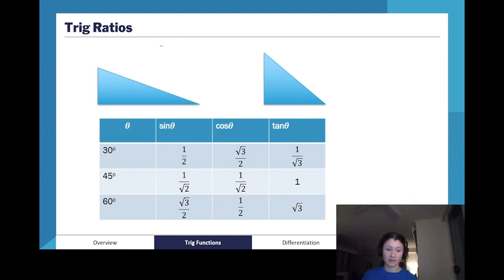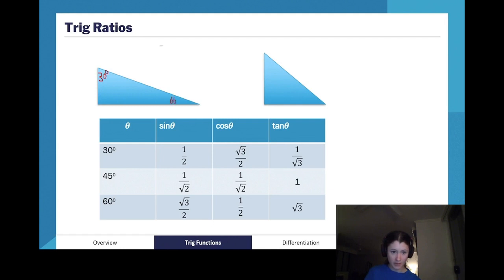So, as you can see, we have our table of values here, but when you're using your special triangles to find the sine, cos, or tan of an angle, what you need to remember is what the actual triangles look like, and that's it. So, you need to remember the side lengths of the triangles and the angles. So, this here is going to be 30 degrees.